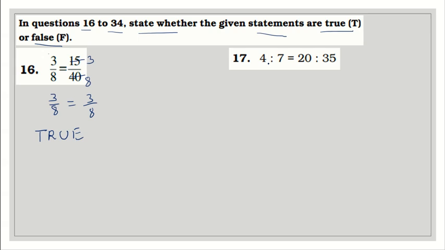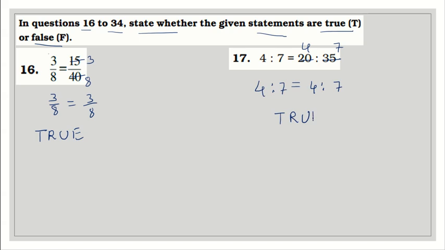Let us check. 4 by 7 or 4:7 is the same. 20:35, we can simplify that with their HCF. We cancel. 5 fours are 20, 5 sevens are 35. Therefore, 4:7 is equal to 4:7, and it is true.